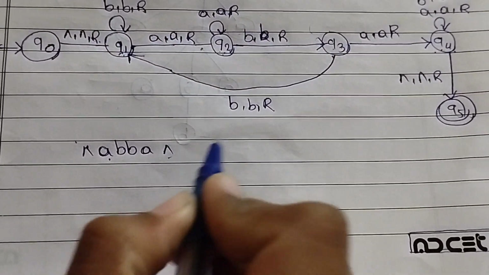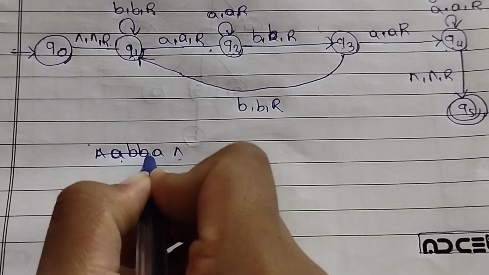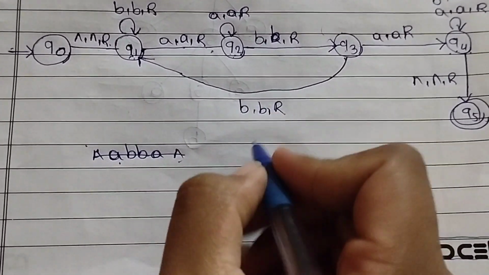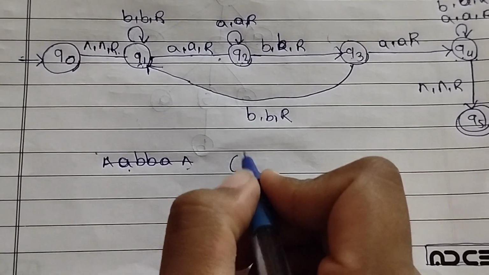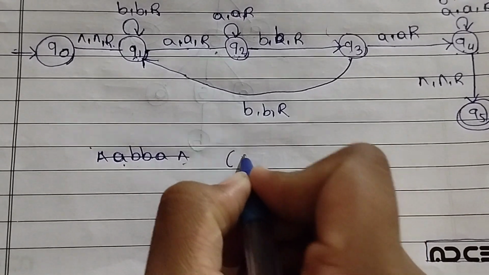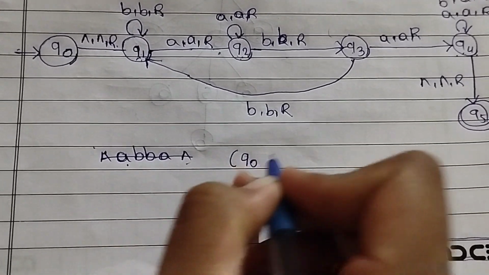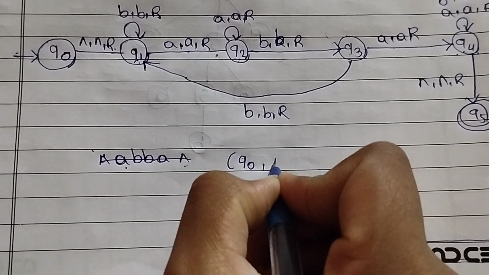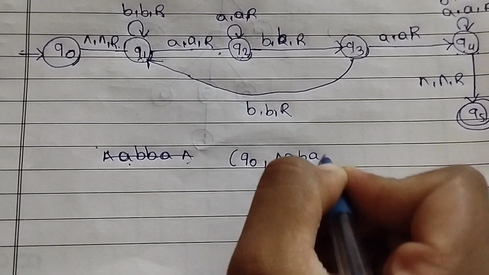So this Turing machine we can represent in another way also. Let's suppose initially we consider the string ABA. At the initial state we are in the Q0 state. At that time we consider the string null ABA, simply this substring.